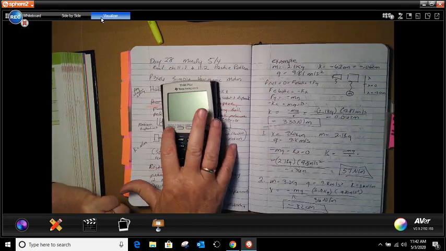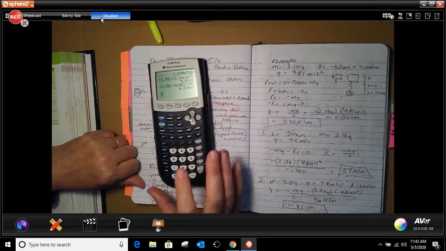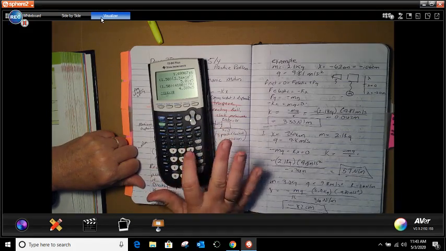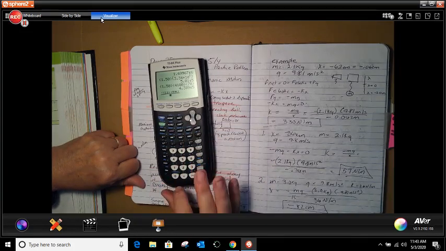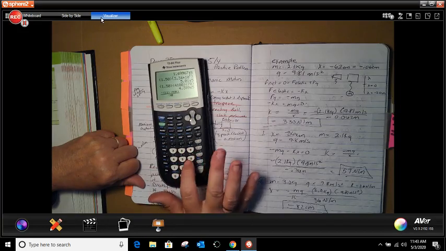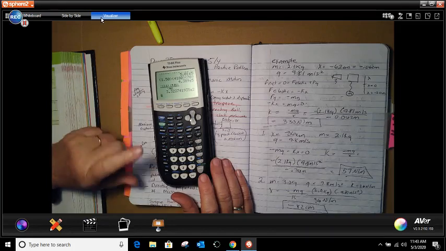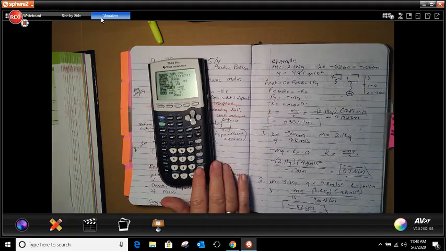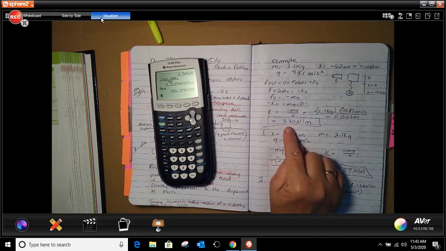In the calculator, I entered the fraction with a negative, 2.1, 9.81, over negative 0.062, and I got 3.32 times 10 to the second power. That is the correct answer, but you can also do it in normal mode, where I got 330 newtons per meter.